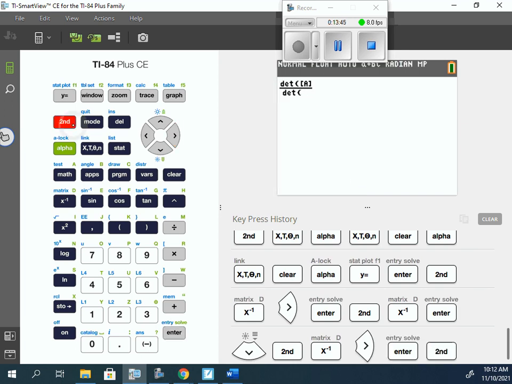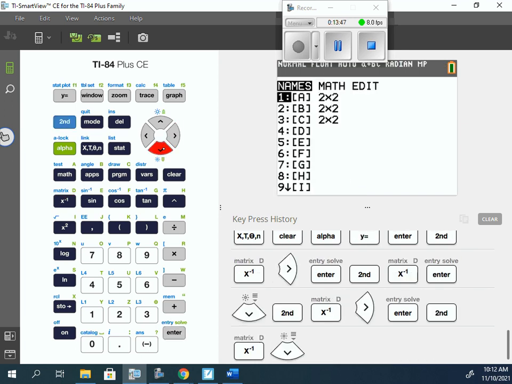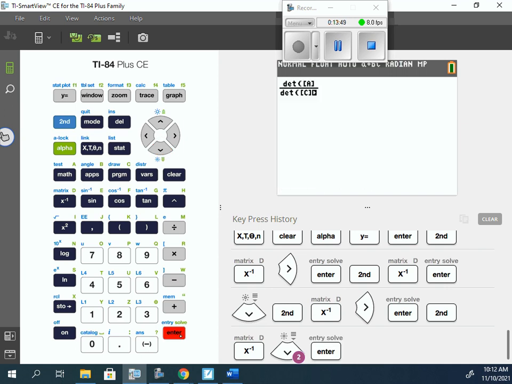Determinant of C. Because we picked matrix C to be inputted as the coefficients. And if we hit enter, we find the value of x is 5. Questions on this here?